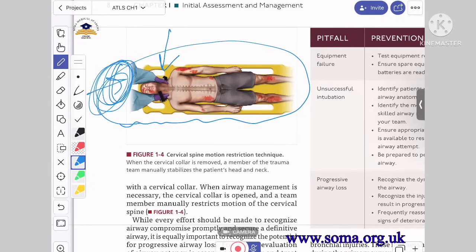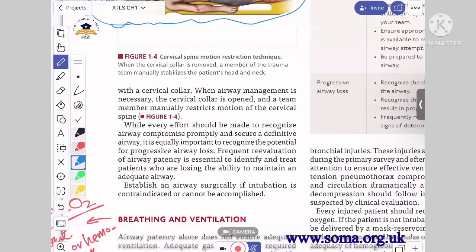You cannot depend on the people who take the patient from bed to bed, the normal people, the relatives of the patient. Please do it yourself. Once you have a traumatized patient to be transferred from bed to bed, please be the one who is maintaining the cervical spine from movement.